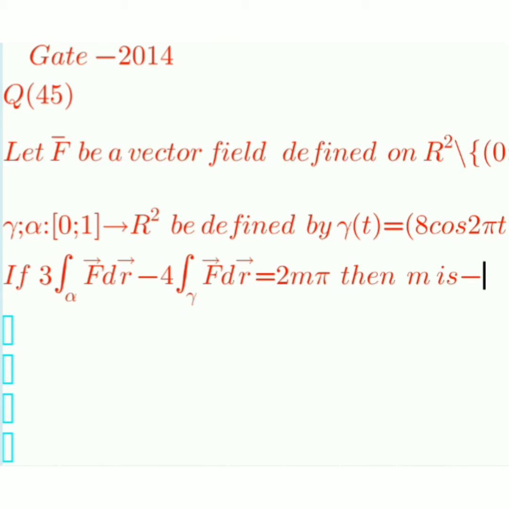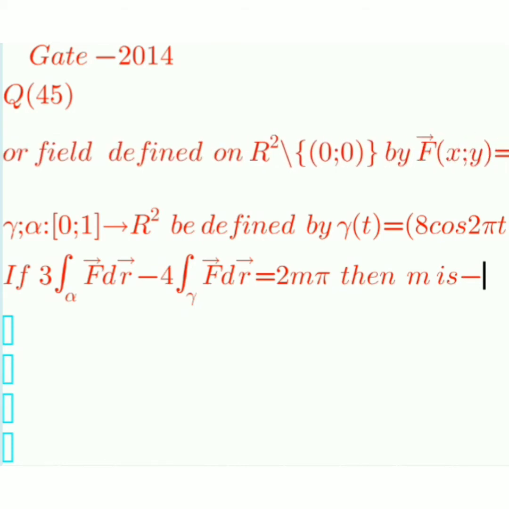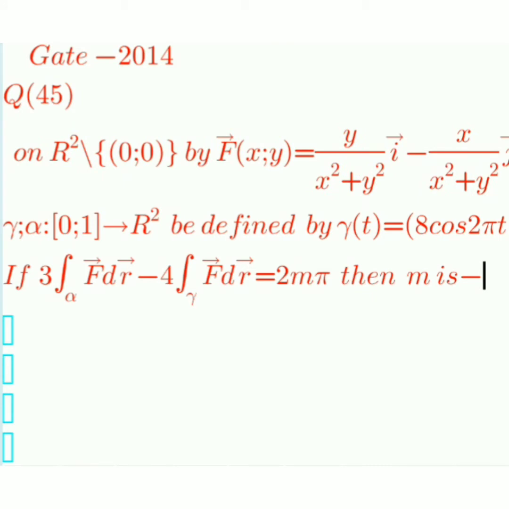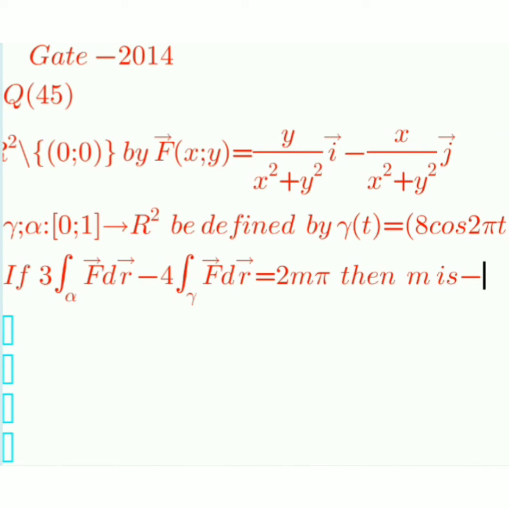Let F be a vector field defined on R squared minus (0,0), meaning the origin is not included, in the region where F(x,y) is equal to y divided by x squared plus y squared times i, minus x divided by x squared plus y squared times j.